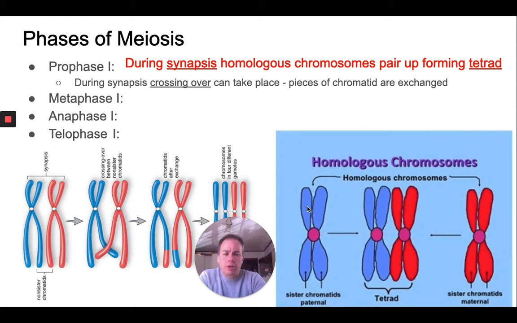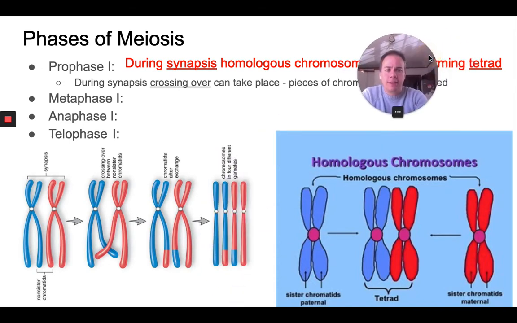When the DNA replicates, one sister chromatid is copied to form another sister chromatid. These two are identical, these two are identical, but these two chromosomes are not identical. They're just homologous. They're similar to each other. And when the chromosomes line up in this way, in this tetrad as it's called, something can happen.